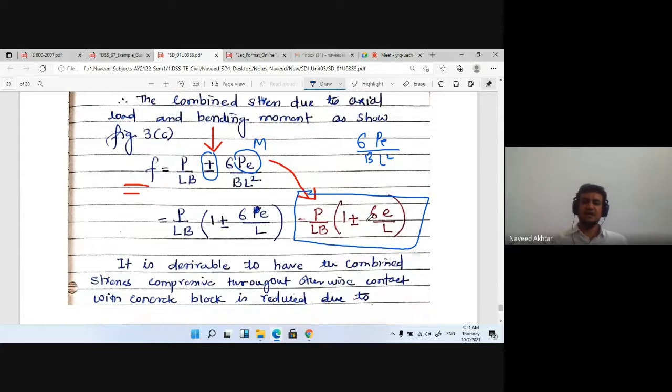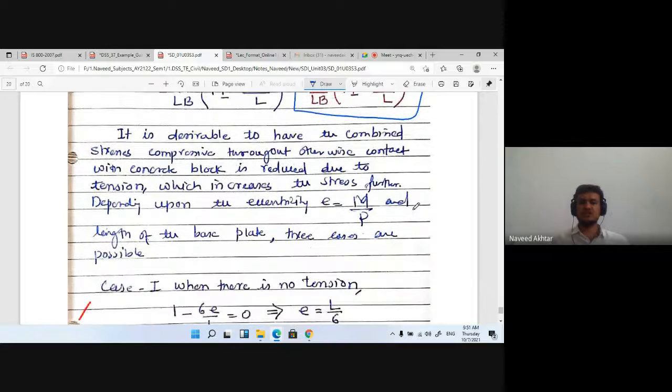It is desirable to have compressive stress throughout, otherwise contact with the concrete block is reduced due to the tension, which increases the stress failure. Depending upon the eccentricity, E is equal to M upon P, and the length of the base plate. Therefore, there are three cases possible.